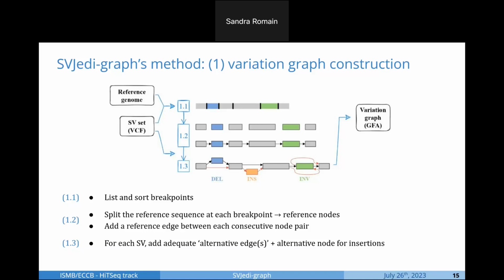Finally, the last step in the construction is to go over the input variants. For each of them, we add the adequate alternative edge depending on the SV type, as well as an alternative node for the insertions that contains the inserted sequence to represent.